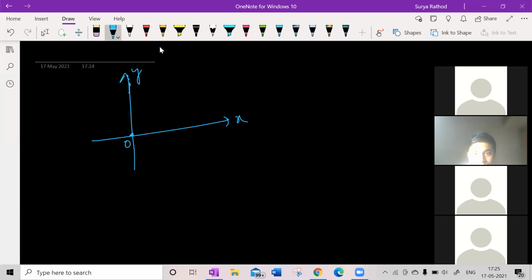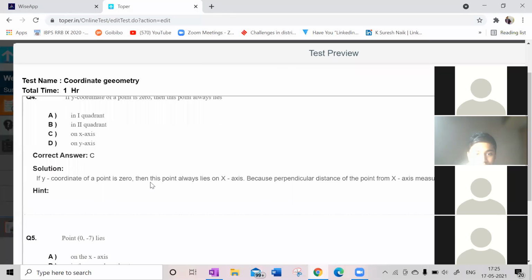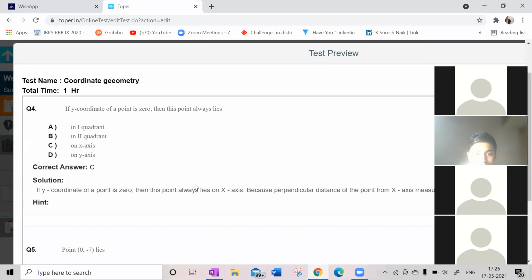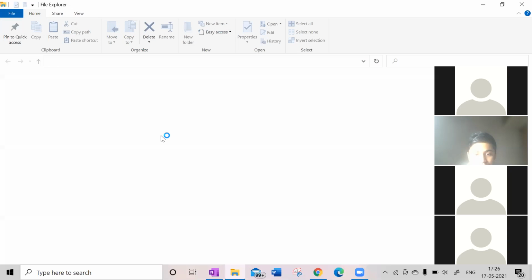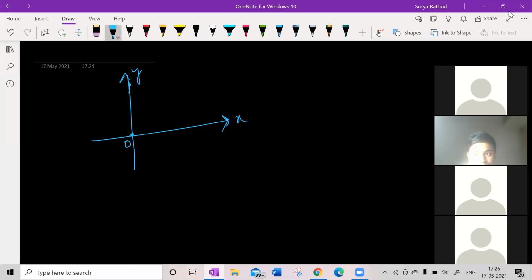So here is 0,0, right? What is the question given? The y coordinate of a point is 0. Then the point will be on what?